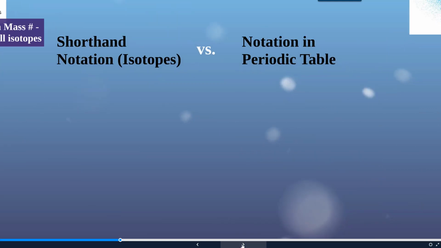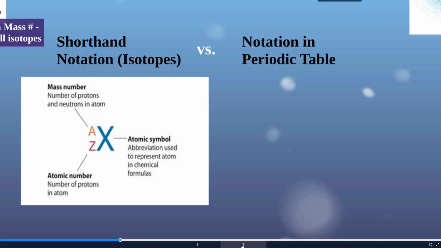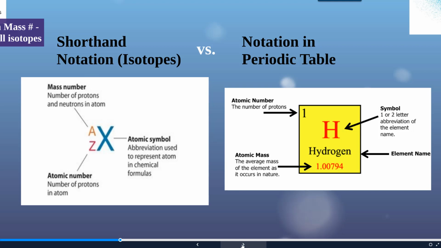Now, if we're discussing shorthand notation of isotopes versus notation in the periodic table, there's a little bit of a difference in that notation as well. For isotopes, we will have the atomic symbol, the letter that represents that element. You'll also have the mass number along the top and the atomic number, or the number of protons, along the bottom.